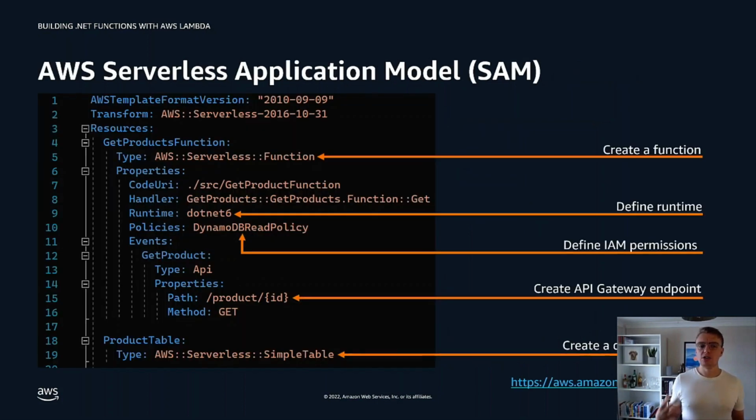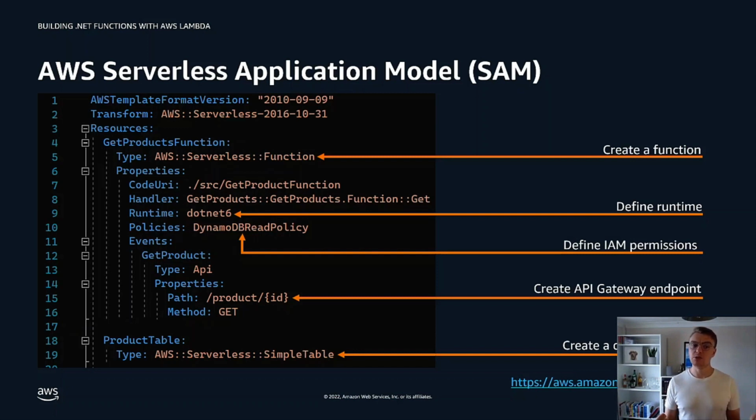There's two parts to AWS SAM. The first is some extensions and helpers on top of CloudFormation that makes it really easy to define Lambda functions. So if you're familiar with CloudFormation, this will be quite familiar to you. The interesting ones I'll call out from a SAM perspective are the policies. The policies are some pre-built IAM policies that abstract away you needing to remember which actions and resources you need to do a certain thing.